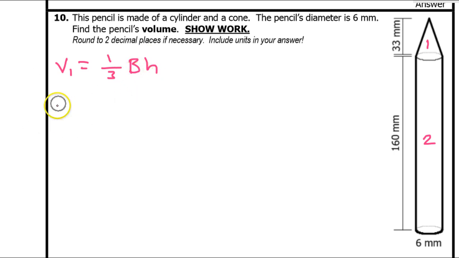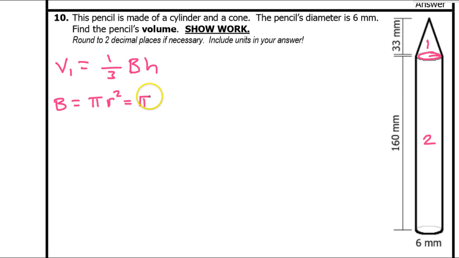So the area of the base is a circle. Okay, I need to know the radius of the circle because the area of a base is pi r squared. Well, the diameter is 6 millimeters, so the radius is 3.